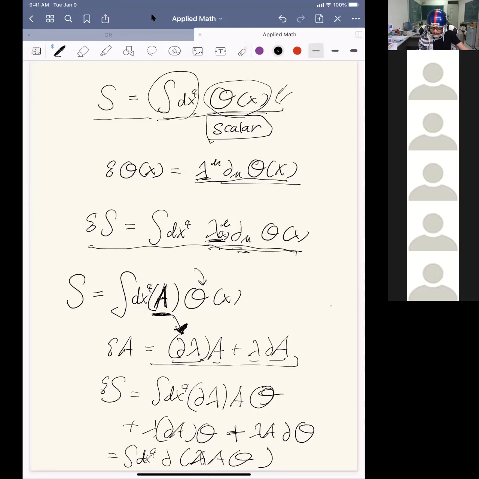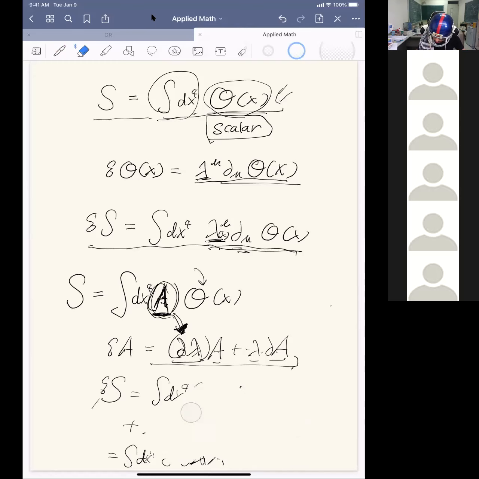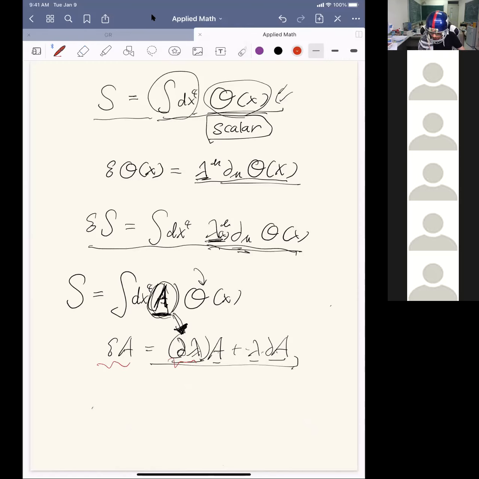So you need to have something here such that under gauge transformation, this will have the variation of lambda A plus lambda partial A, then the action here will be invariant. Okay. Now you already see that the thing you wish for, your Christmas present, is something whose variation must have the derivative of lambda plus lambda of A. The fact that you have the derivative of lambda, as I mentioned before, this is a derivative of your gauge transformation parameter.